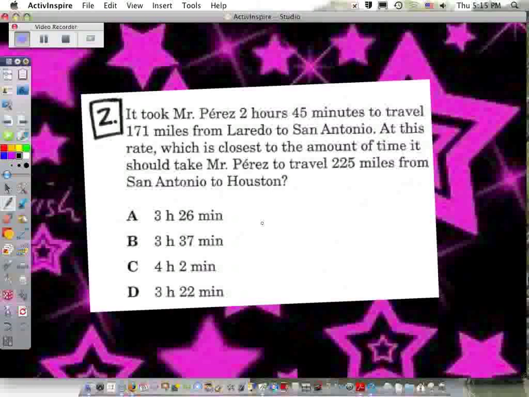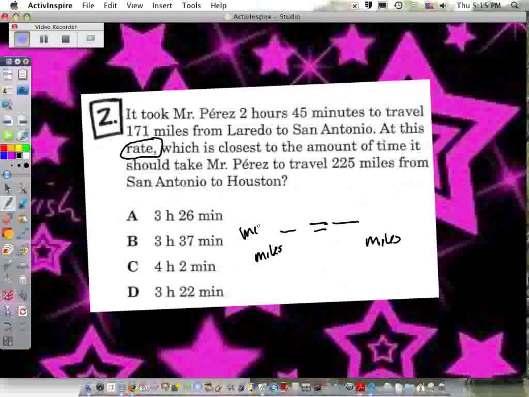The next one, you're going to set up a proportion. The way you know you're going to do that is rate. 2 hours, 45 minutes to travel, 171 miles. I'm going to put miles down here. I can't really put hours because it's hours and minutes. There's 2 units.